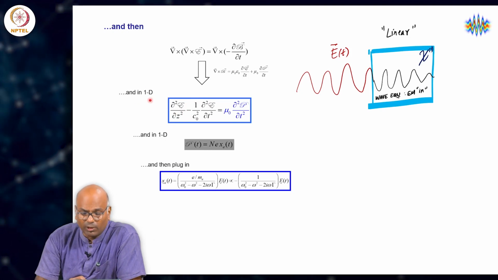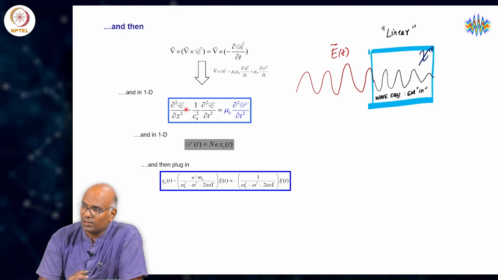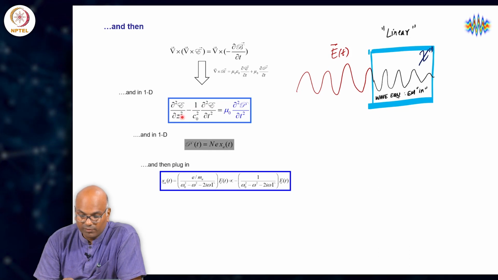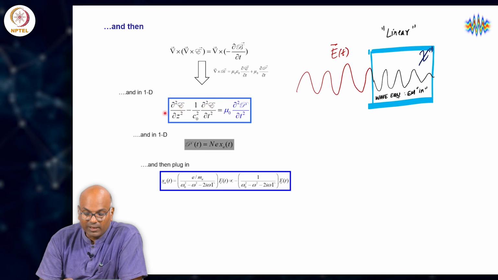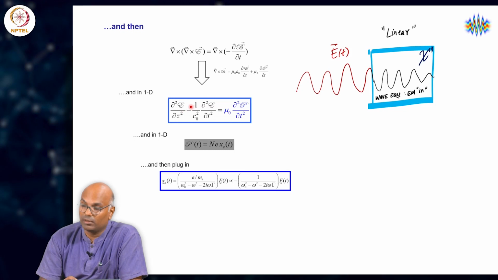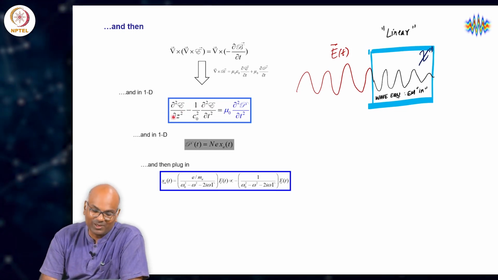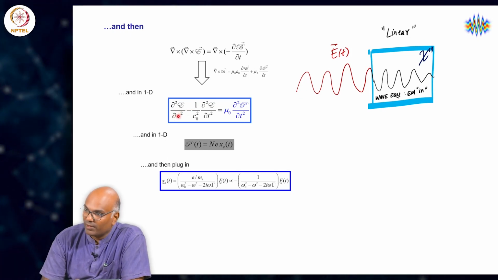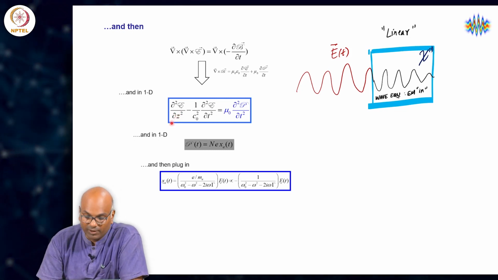If I now consider a 1D case, which if you recall, when we studied waves for the first time, we looked at the 1D equation, which is good enough for a lot of circumstances. Then we have, instead of the Laplacian being d2E by dx2 plus d2E by dy2 plus d2E by dz2, we do not have x or y in the 1D, we choose z to be our spatial coordinate of interest.